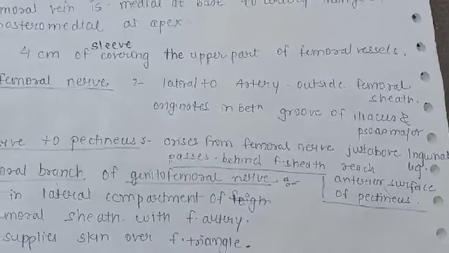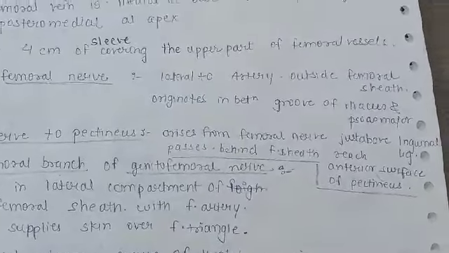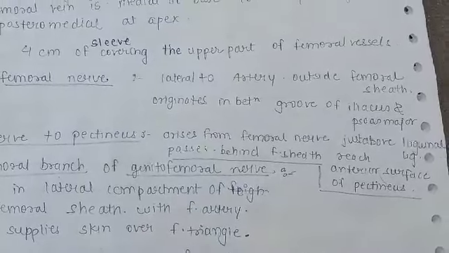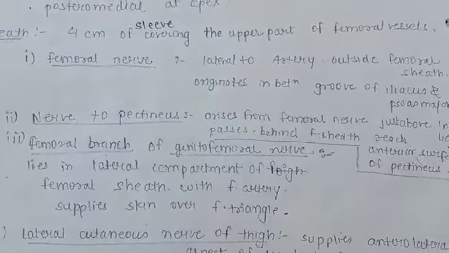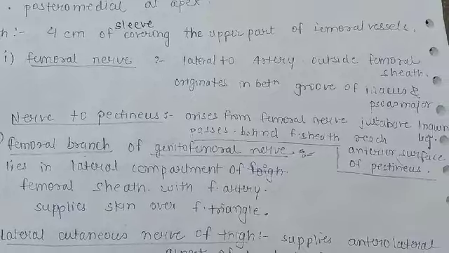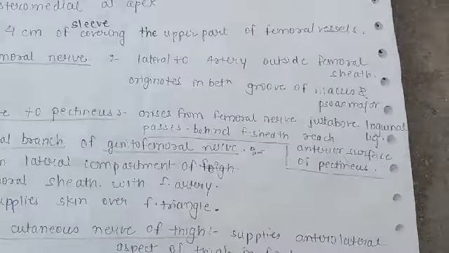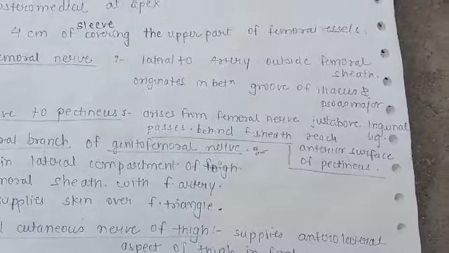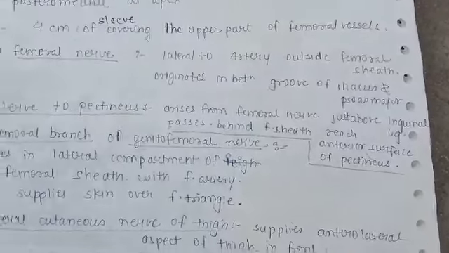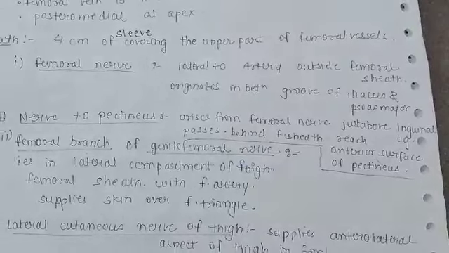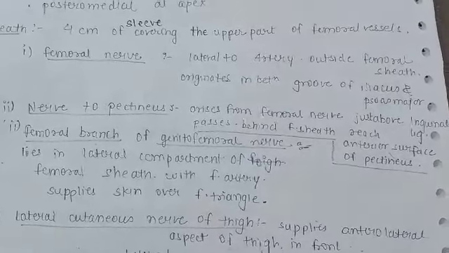It originates in between the grooves of the iliacus and the psoas major. Then there is the nerve to pectineus that arises from the femoral nerve just above the inguinal ligament and passes behind the sheath and reaches the anterior surface of the pectineus.